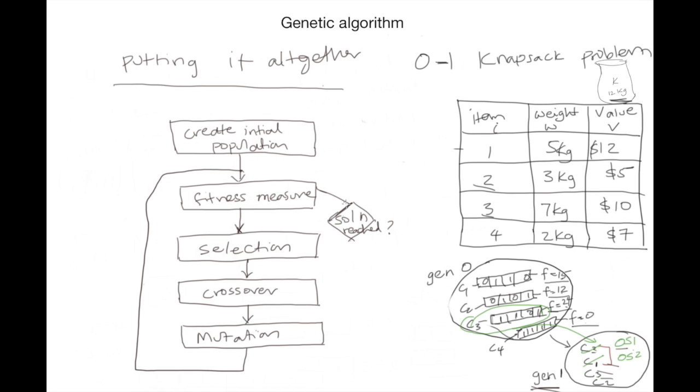So if the solution has been reached, then we stop our GA. Otherwise, it goes on to the next generation, with the hope that with each passing generation, the chromosomes will evolve to represent better and better solutions.